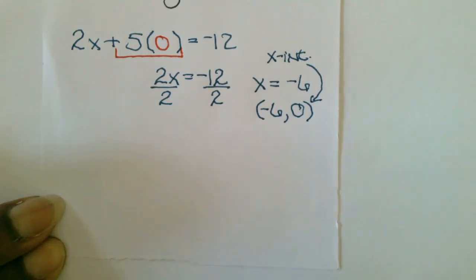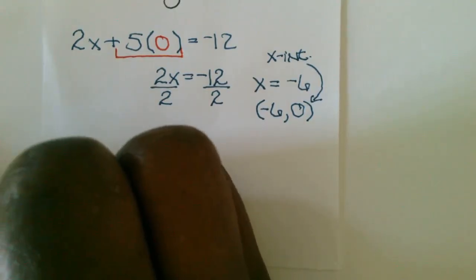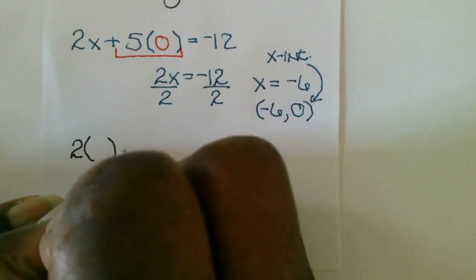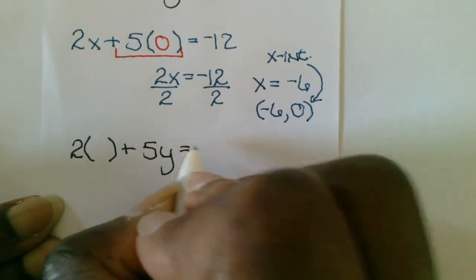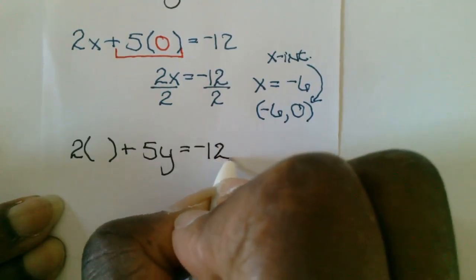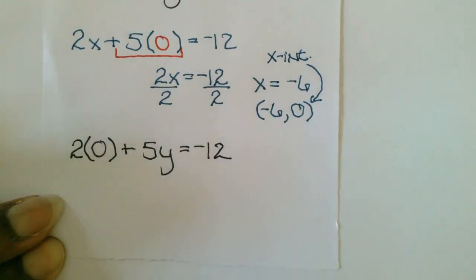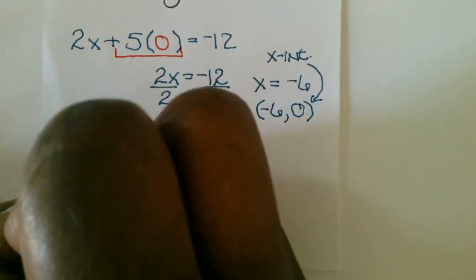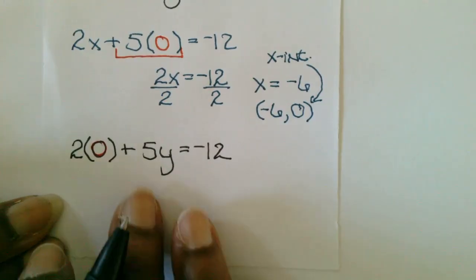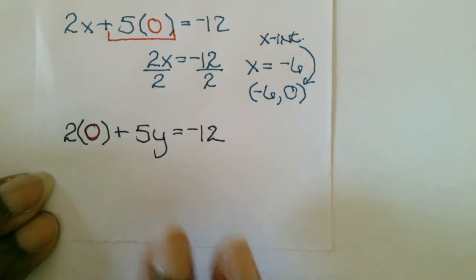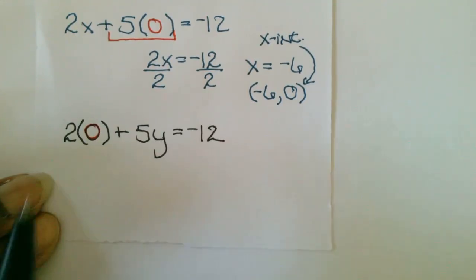Okay? So now if I want to find the y-intercept, I'm going to make my x values equal 0. Can't really see the color right there. Okay? So for me to find my y-intercept, there we go, I'm going to make my x values equal to 0.